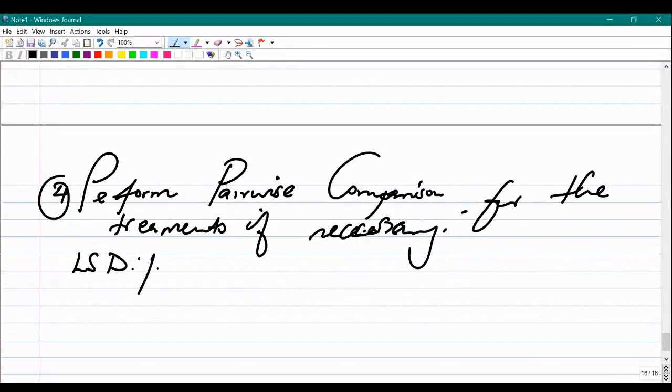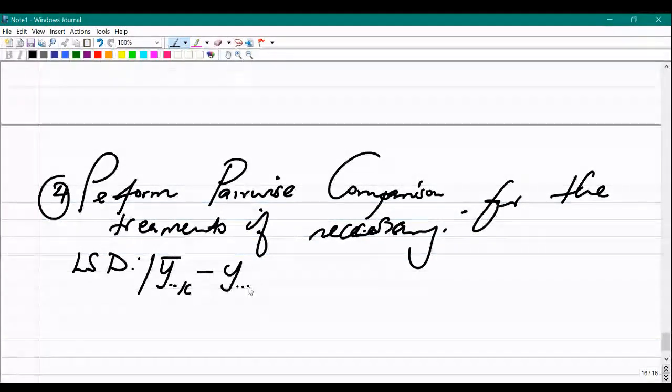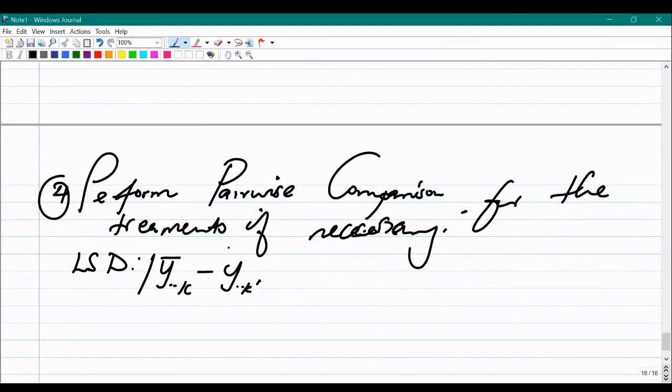You are going to compare the means, y dot k minus y dot k prime.